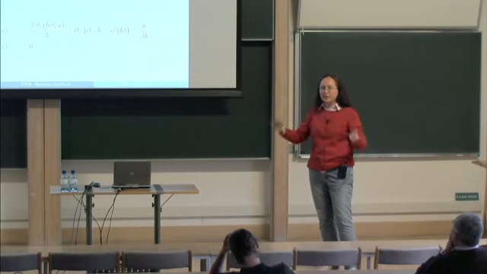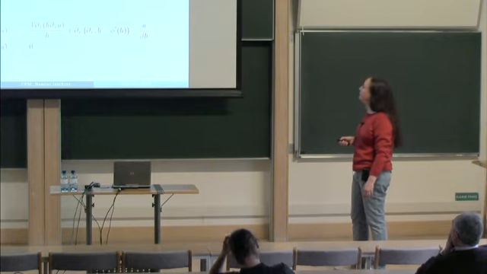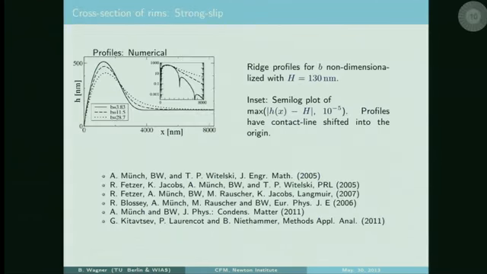We all know this from lubrication theory. The only one we didn't know was the strong slip model. So, of course, we looked at what happens here. And indeed, we saw there's a critical slip length where you do have a transition from oscillatory to monotone decay. We wrote a couple of papers on this comparison, first qualitative and later also quantitative, and it compares quite well. So that was our first success in our models.